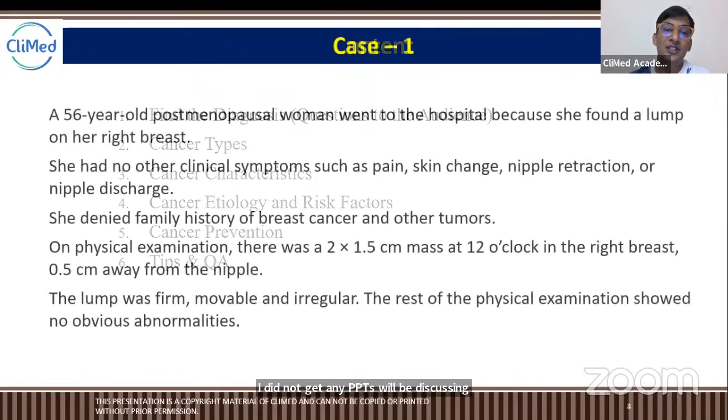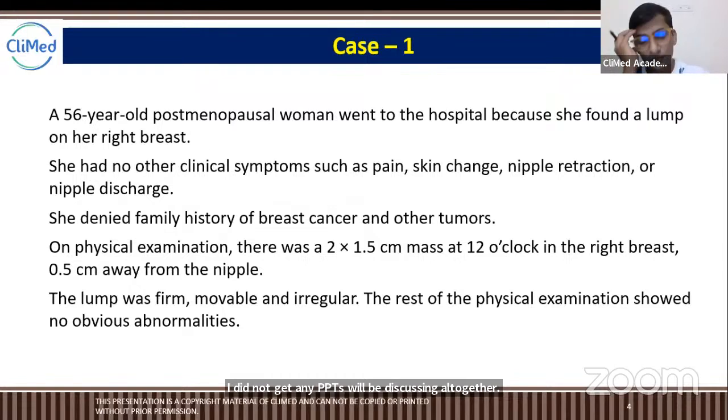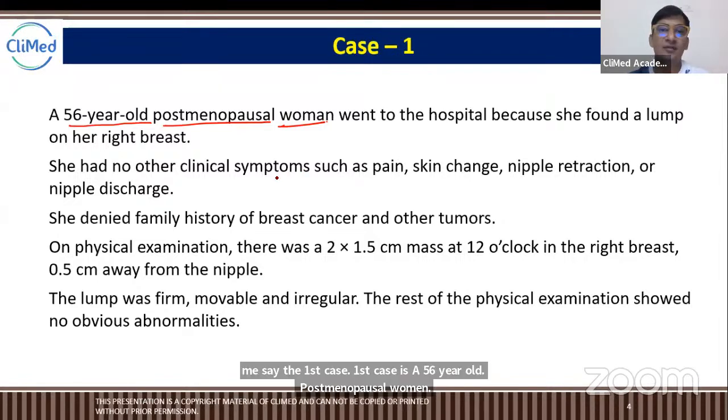So let me share the first case. The first case is a 56-year-old post-menopausal woman. Carefully, guys, this is just a 1 hour class, so just focus.